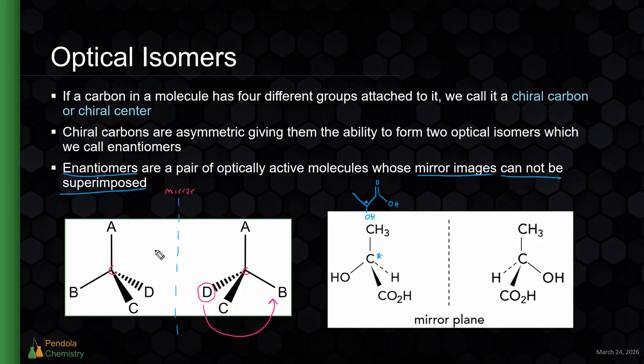What I will get from that rotation is I will have the C with still my A at the top, but when I rotate it so that the D is still coming out towards the back, like it is here, then the C and the B are going to switch places. My C will be in the back and my B will be in the front.